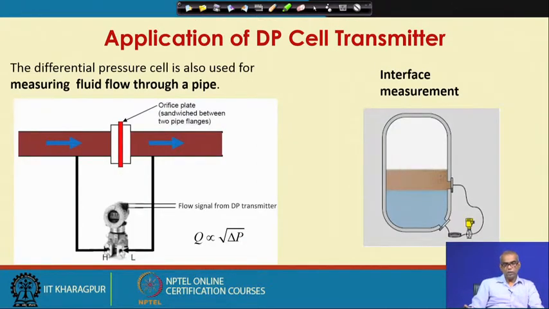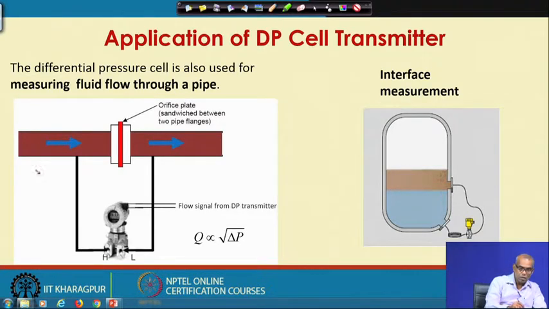The differential pressure cell can also be used for measurement of fluid flow through a pipe. A fluid is flowing through this pipe. I have put an orifice plate.